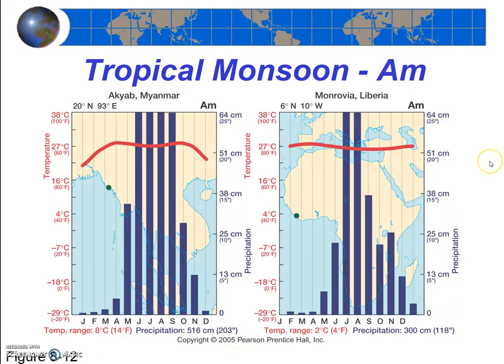So you should recognize a tropical monsoon climagraph by the fairly high year-round temperatures that may dip during the summer months, and also, most importantly, the huge amount of rainfall during the summer months. It may be difficult to tell which hemisphere it's in. This one's clearly the northern hemisphere as it's cooler on these outer 6 months. This one's much more difficult to tell, likely because it's closer to the equator.